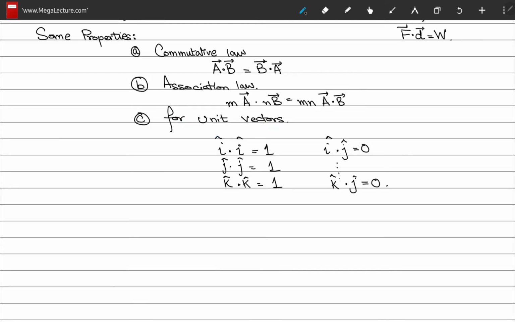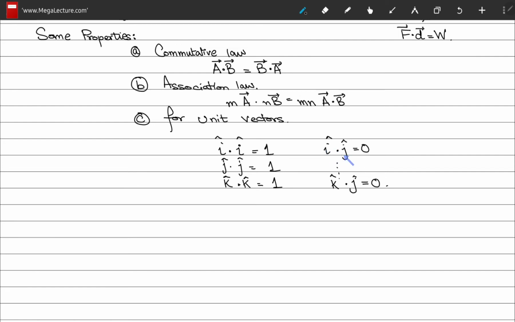And for unit vectors, we have the following property, such that if I have a unit vector i and I take a dot product with the same unit vector, then I'd get 1, right? So if I take the same unit vectors, you can see over here, you'd get a unit 1. But what if I take unit vector i and dot it with some other unit vector?